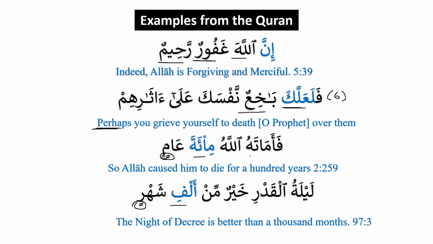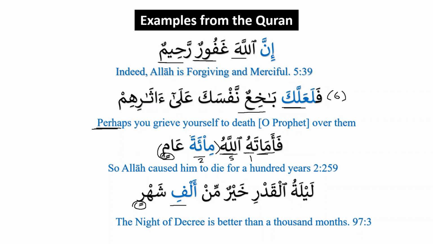And also we can say that this is al-maf'ul al-thani. فَأَمَاتَهُ. So who is al-maf'ul al-awwal, and miyata amin is al-maf'ul al-thani, because amata yumitu imatatan requires two objects. Lafz al-jalala is the subject, amata is the verb, the pronoun is the first object, and miyata amin is the second object.